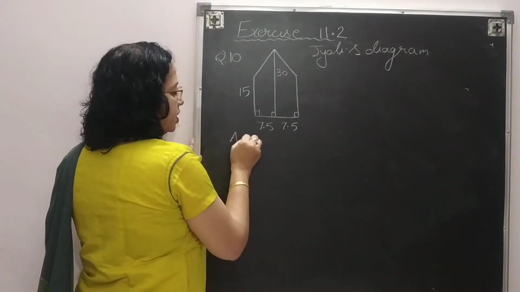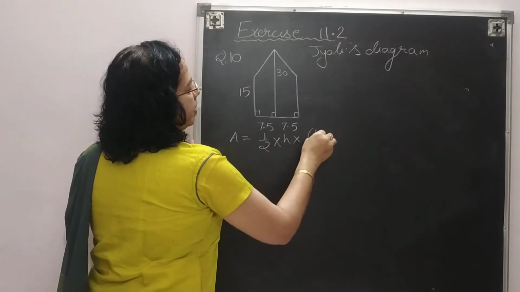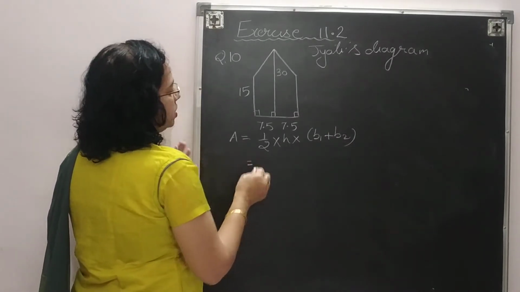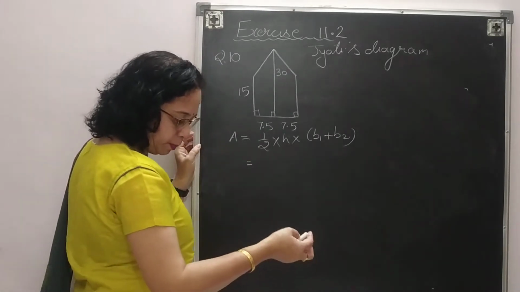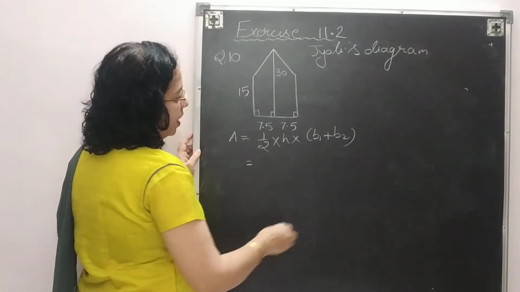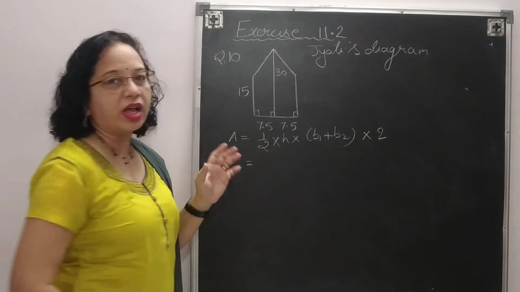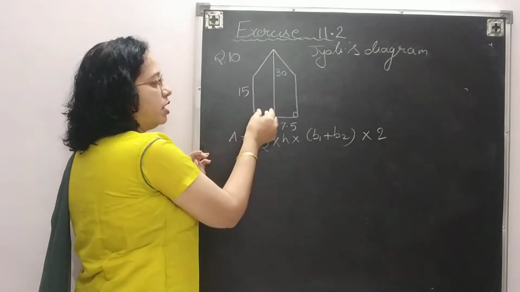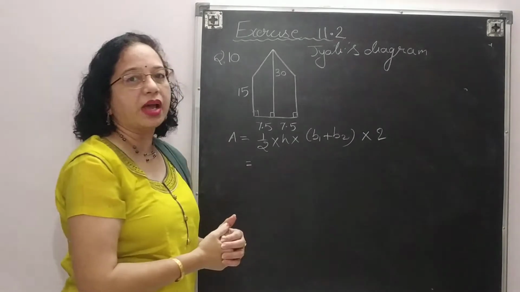Since this is a trapezium, the formula will again be half into height into the sum of two parallel sides. Since this is the same area two times, we will multiply by 2. Why multiply by 2? I am finding the area of only one part, and since these two parts are equal, we multiply by 2.